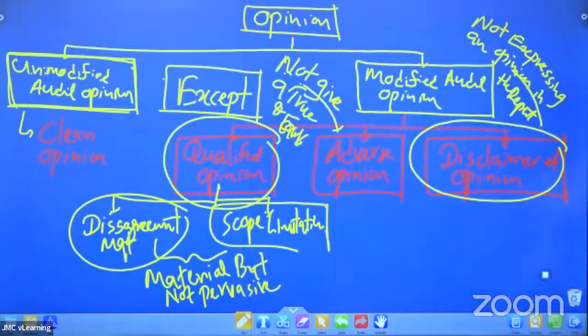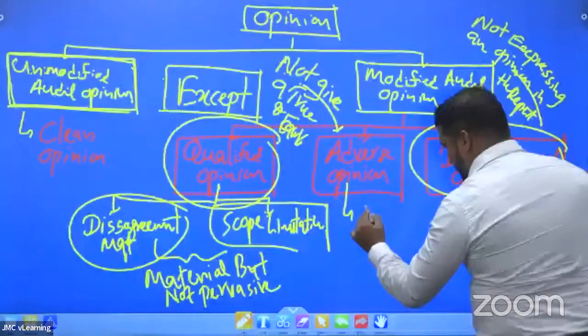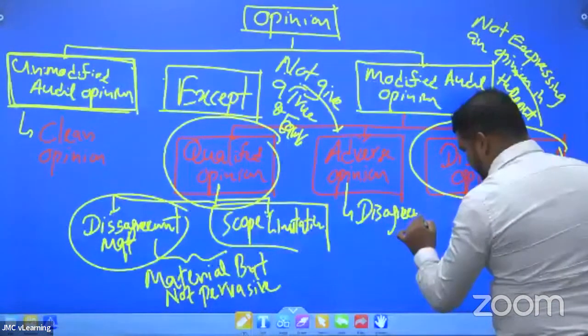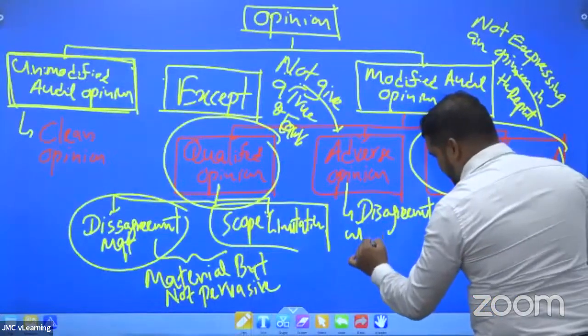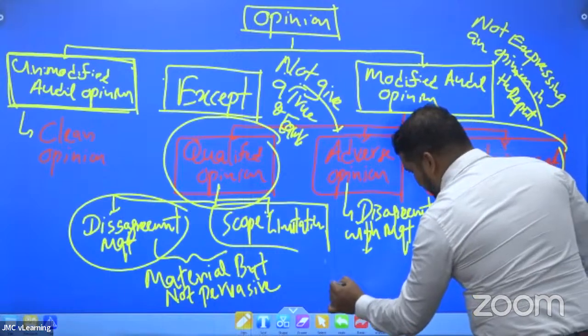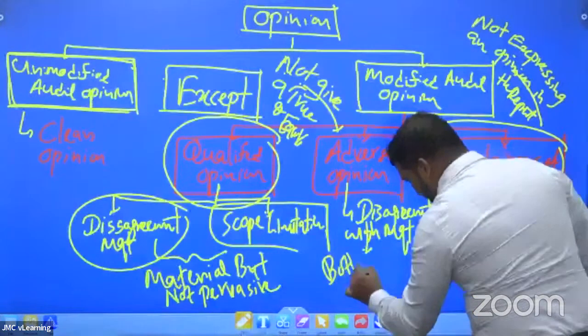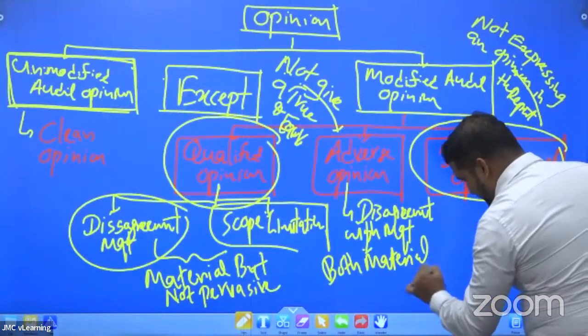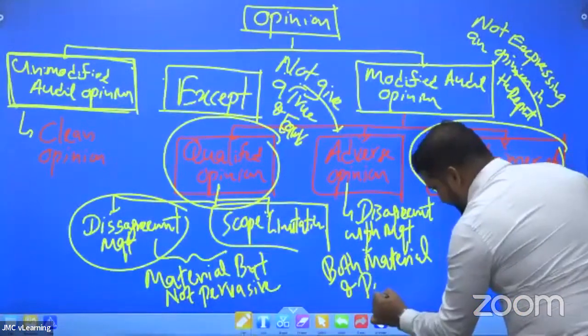Material but not pervasive. Then you will go for an adverse opinion when you have a disagreement with management, which is both material and pervasive.